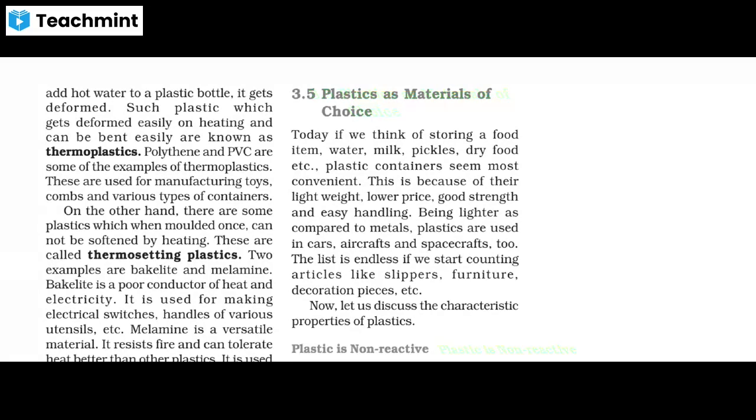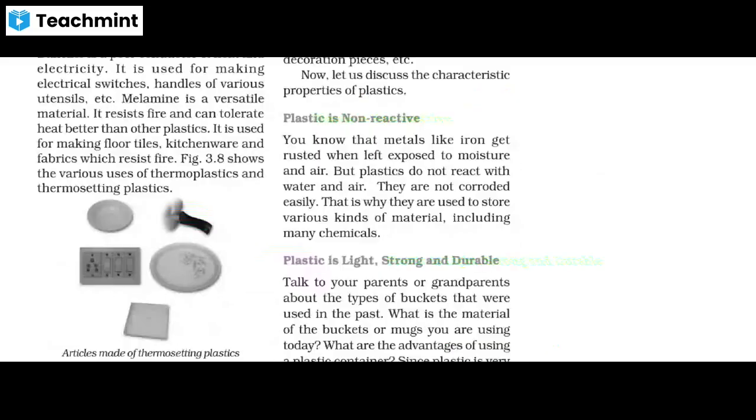And being lighter as compared to metals, plastics are used in cars, aircraft, and spacecraft too. The list is endless if we start counting articles like slippers, furniture, decoration pieces, etc. Right?